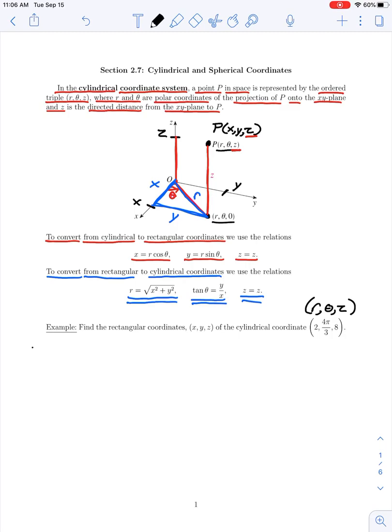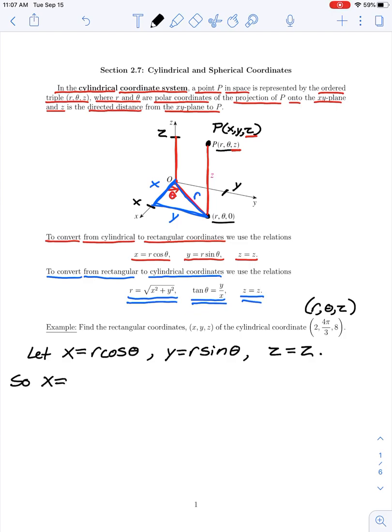So in order to convert to rectangular coordinates, we're going to use our conversion formulas where x is given by r cosine theta, y is given by r sine of theta, and z is z. So let's see what we have here.